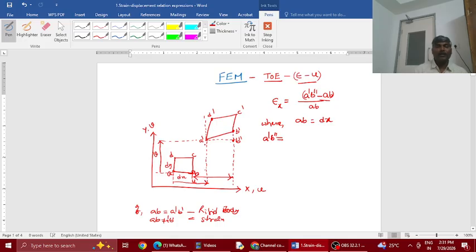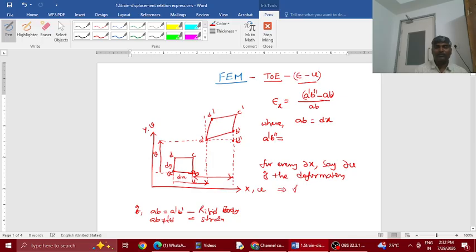Now see in x direction, for every dou x distance, dou u is the deformation. So now in a length of dx, how much is the total deformation?